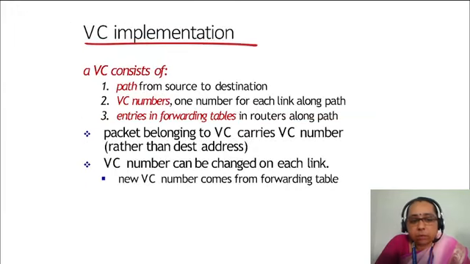VC implementation. A virtual circuit consists of a path from source to destination, and virtual circuit numbers are required, one number for each link along the path. There are entries in the forwarding tables in routers along the path. The forwarding table contains the information of the incoming and outgoing numbers, labeling the packets. A packet belonging to a virtual circuit carries a virtual circuit number rather than a destination address.